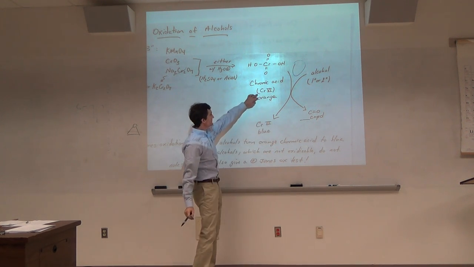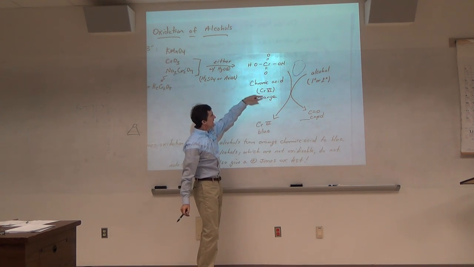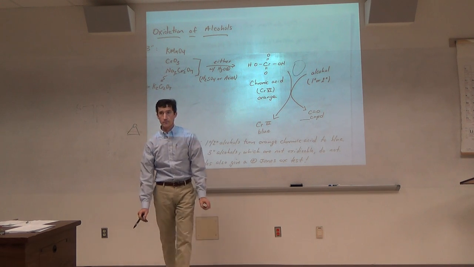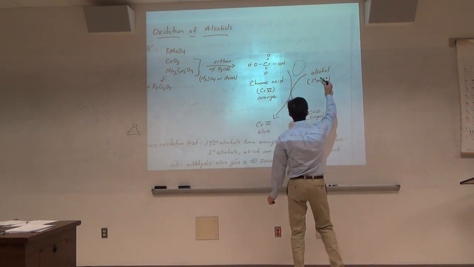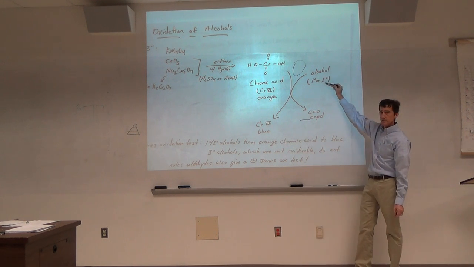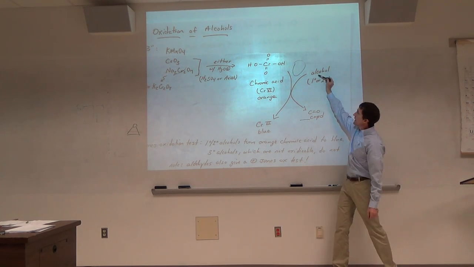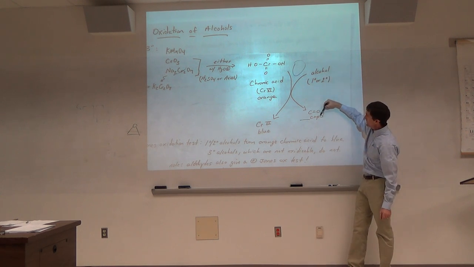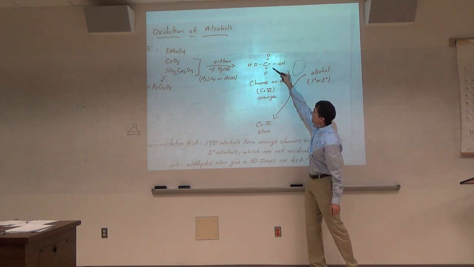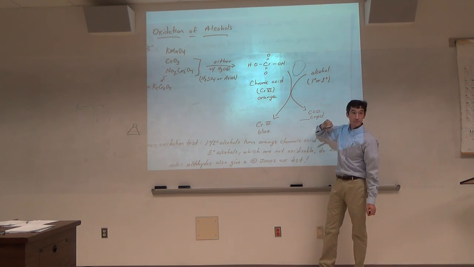Chromium has an oxidation state of 6, and it's orange. If you bring in an oxidizable alcohol, either primary or secondary, the chromic acid will oxidize the alcohol to the carbonyl compound. So the alcohol gets oxidized and the chromium reagent must get reduced.